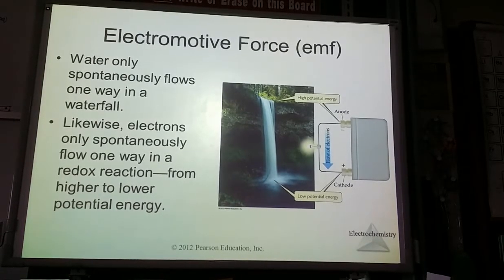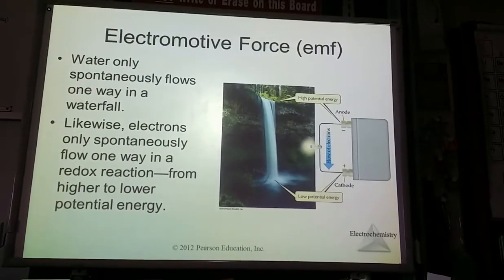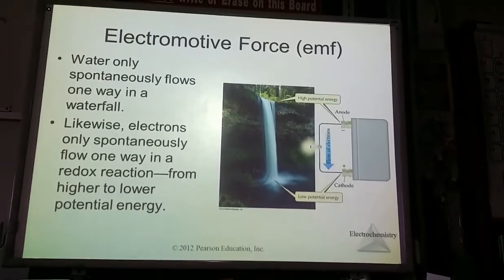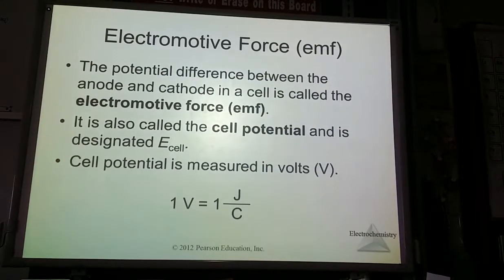So let's think about it in a different way. Instead of saying that they're moving from negative to positive, we're going to say it's moving from a higher potential energy to a lower potential energy, okay? We have then defined this potential energy difference between the anode and the cathode as the electromotive force, or what we'll also call EMF.